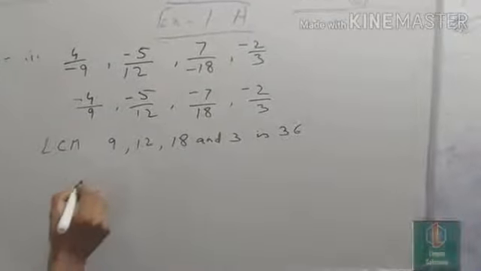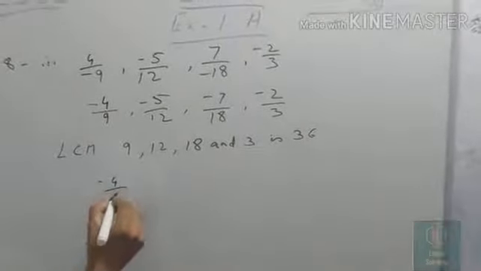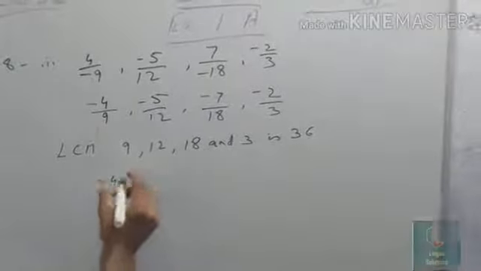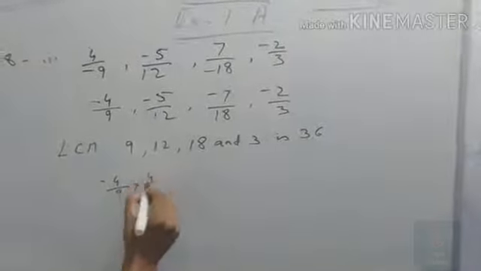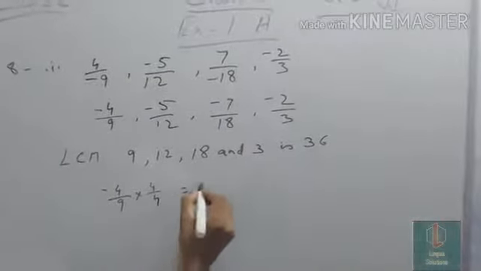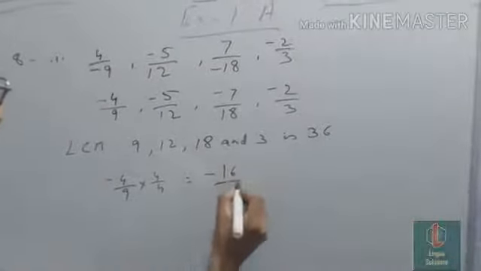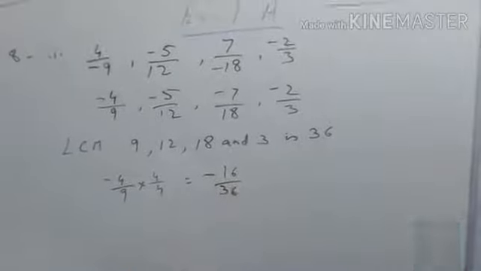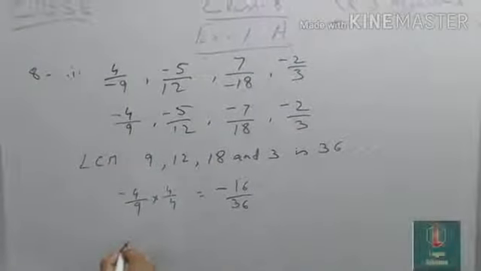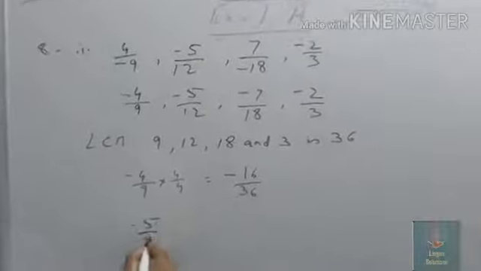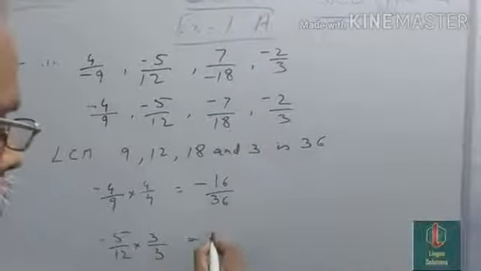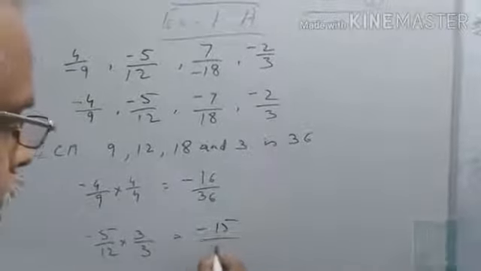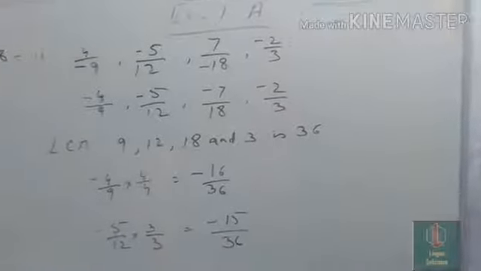Now minus 4 by 9, into 9 fours are 36, so we will multiply it by 4, which is equal to minus 16 by 36. Minus 5 by 12 into 3 by 3 is equal to minus 15 by 36.